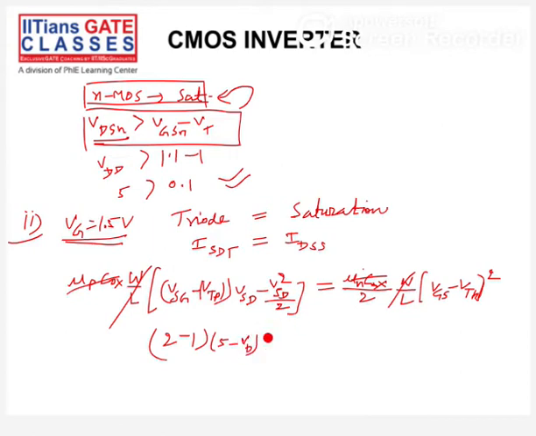So VSD is 5 minus V output, whole square divided by 2. That will be equal to VGS, that is 1.5, and this is 1 by 2 minus 1 whole square. So it is 2 minus 1, that is, VSG is how much?